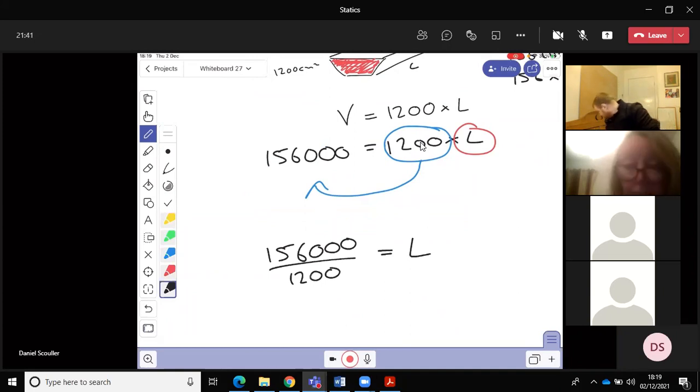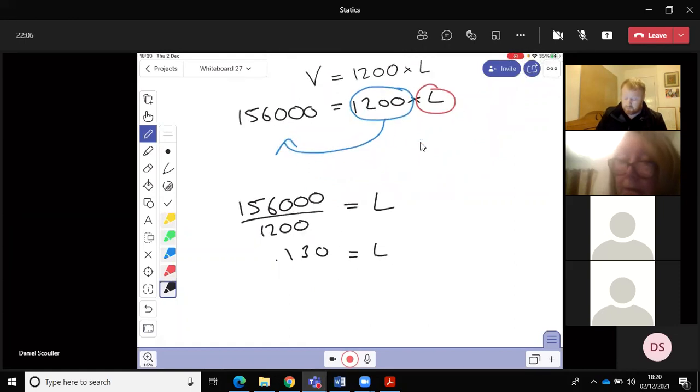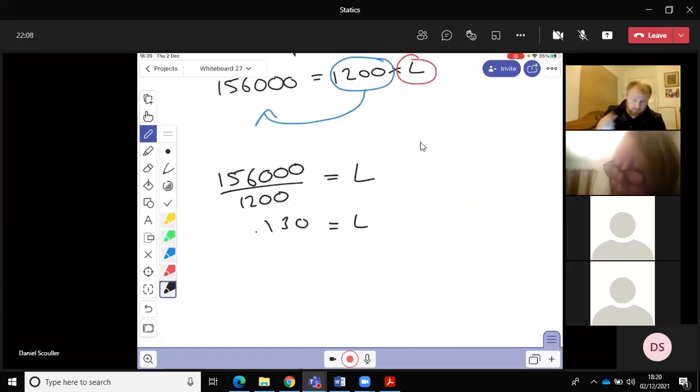And I have a calculator. 130. Okay, so 130 centimetres. Remember the units as we go through that. So L would equal 130. I'm going to flip that across. Just put L equals 130 centimetres.